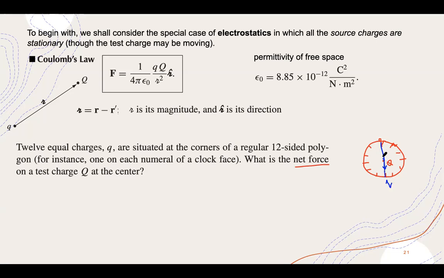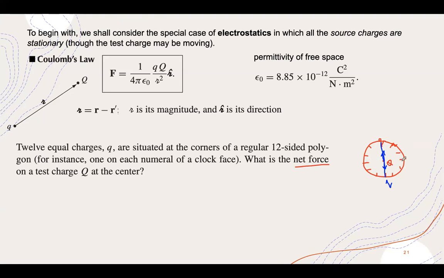So this force is going to be equal and opposite in direction, right? You agree with that? Yes, sir. Sir, I think then the net force will be 0. 0, right.